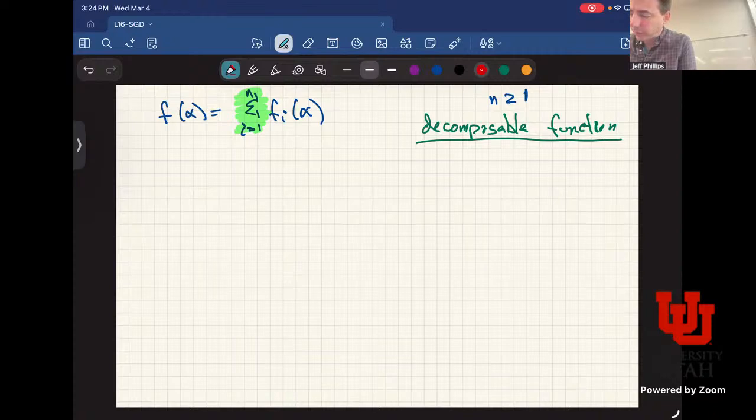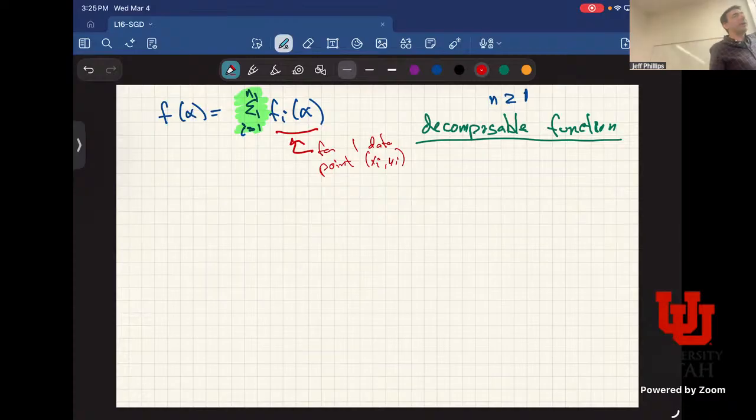Remember, this is for one data point, xi, yi, and now to get the full loss function, f is now my loss function, it's just the sum of the loss function for each of the data points. Okay, so this decomposable function, whether or not it's a squared error, it could be non-squared error, can still be decomposable, but it's often the sum of all of the data points.